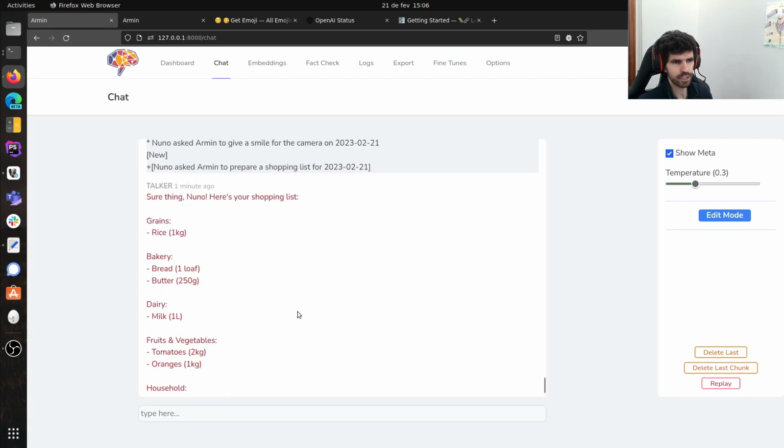Now, I think this is really cool because this is actually a learned behavior in an initial stage. If I was teaching, say, a 5-year-old to do this, every time I ask him to do a shopping list, he goes to his memories and comes back with all the memories of what I told him to do, right?